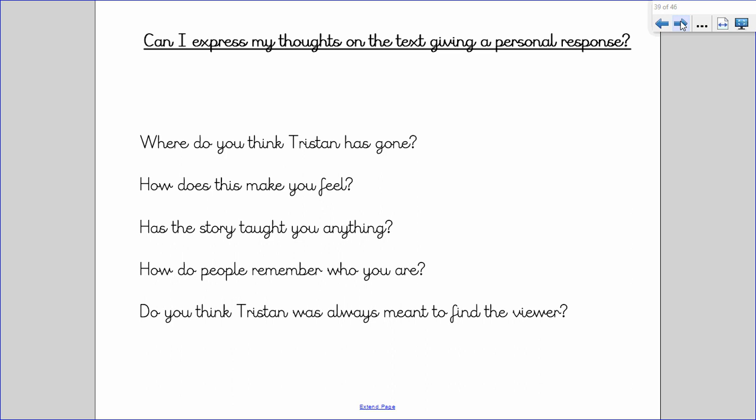Right, what you now need to do then, hopefully you have filled in some key events on that chart that you were doing. You could obviously pause the video so you could note things down. Now finally what I'd like you to do is, what are your thoughts on that book? Okay, it was a very unusual story, quite creepy.